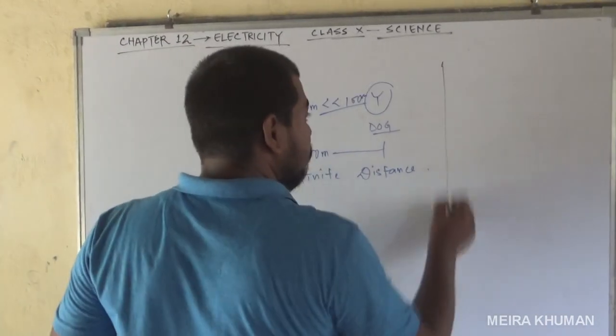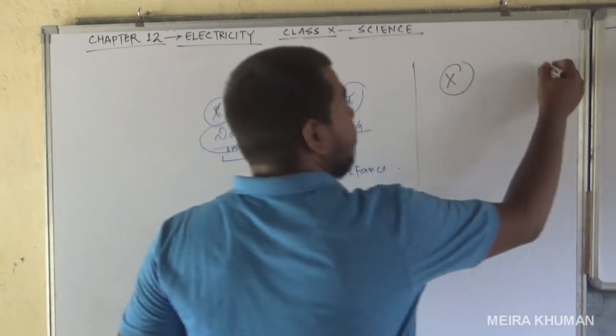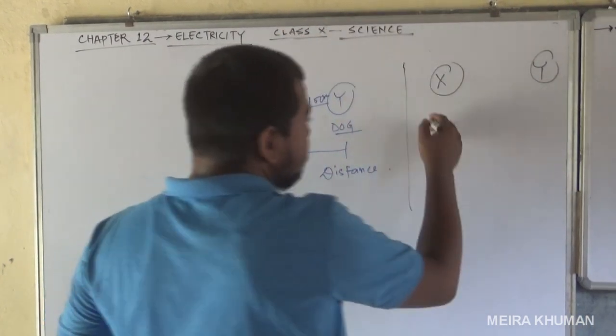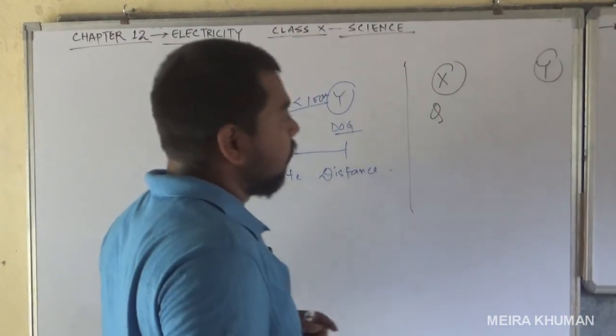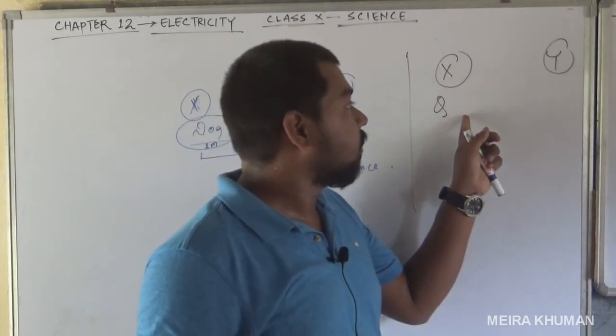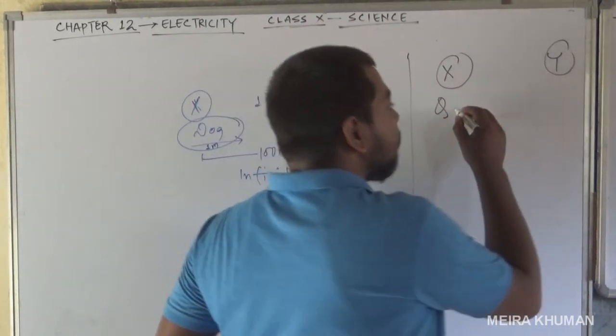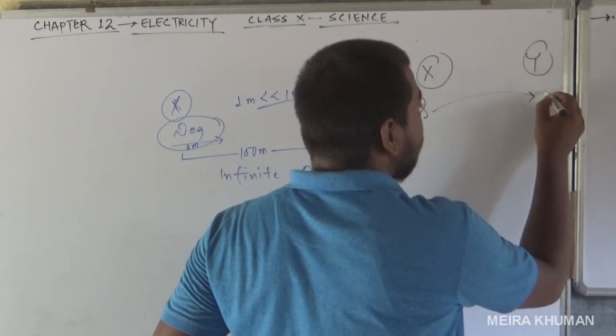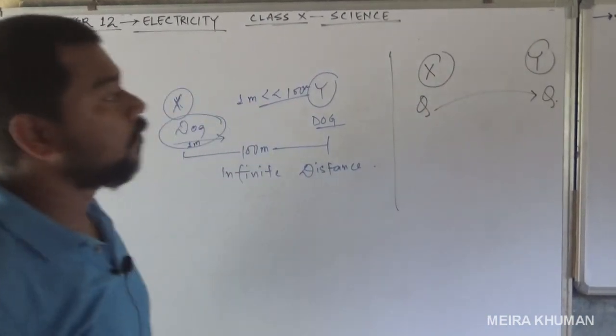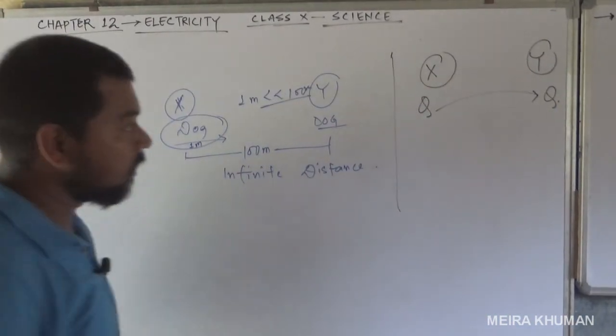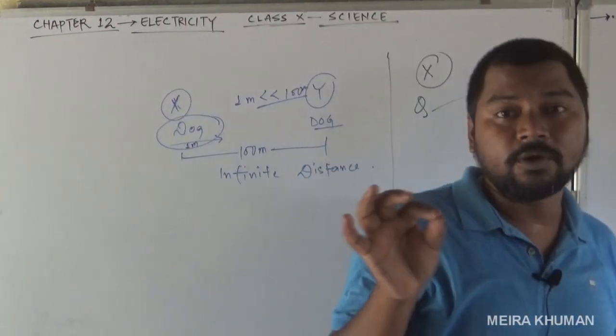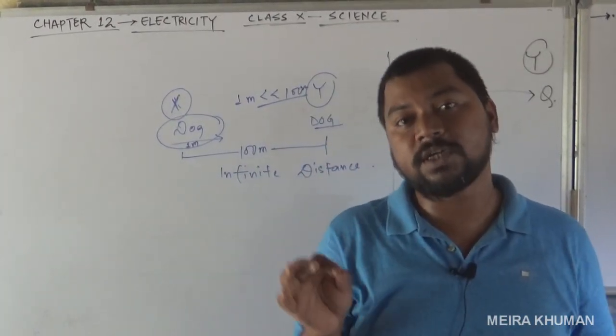Suppose this is again point x, and this is again point y. Okay, so there is a charge, say a charge q, at the location x. Now we are taking the charge q from x to y. In that case, we know the charges are very small, right? We cannot see any of the charges with our naked eyes.